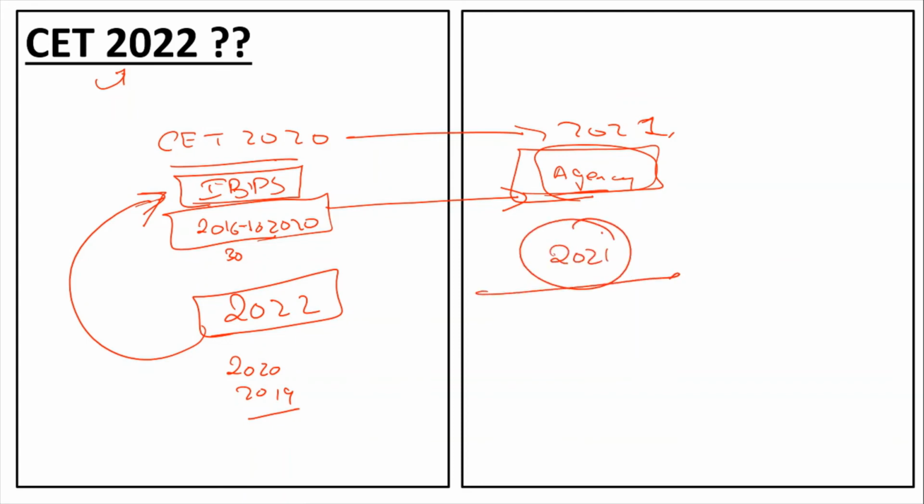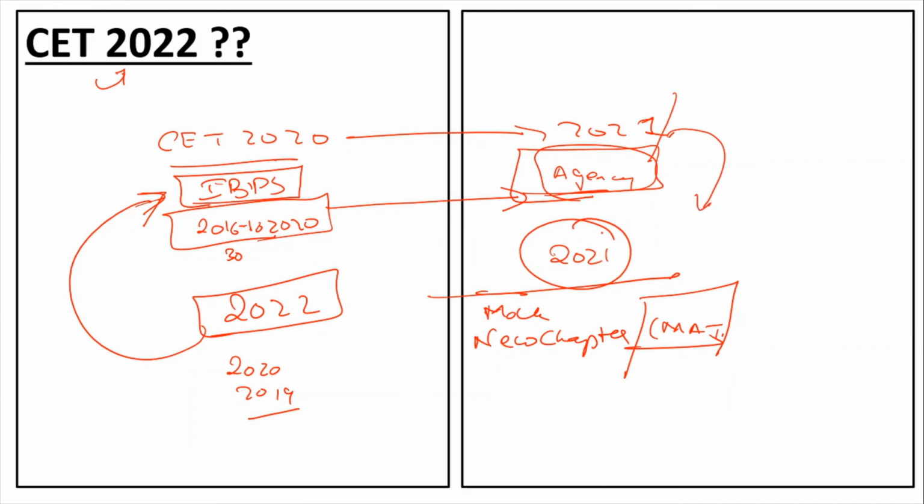For now, you are supposed to prepare both patterns, take mock tests of both, and prepare the new chapters that came in 2021. That would obviously help you in CMAT as well, because CMAT has all these chapters. So for now, stick to the 2021 pattern and just study a few extra chapters; that would suffice.